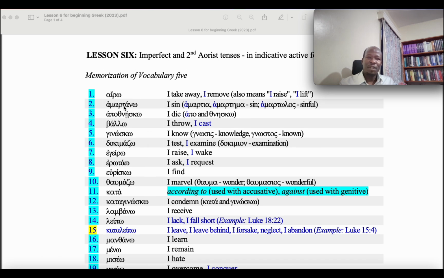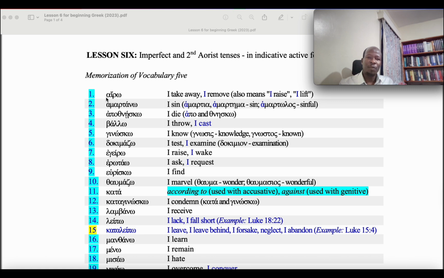Here you have the first vocabulary: I roll, I take away, or I remove. It also means I rise or I lift. Hamartano. You may have heard from other people the word hamartia, sin. So, hamartano. Why am I reading with the H sound at the beginning of this word?